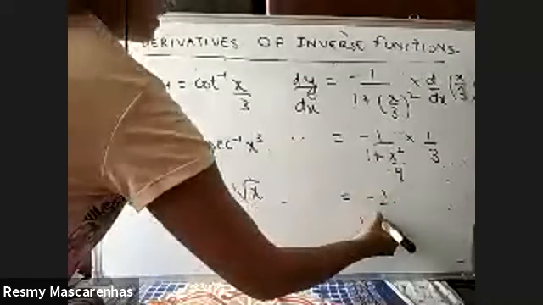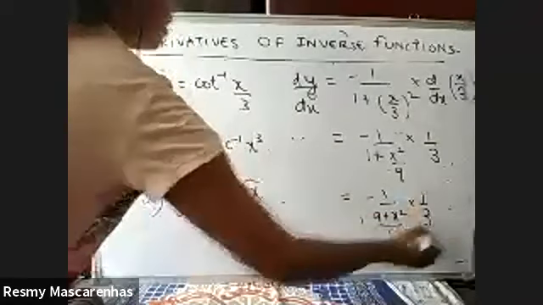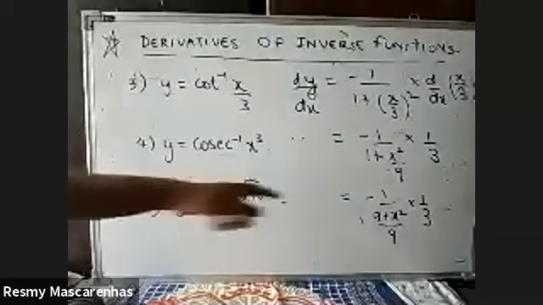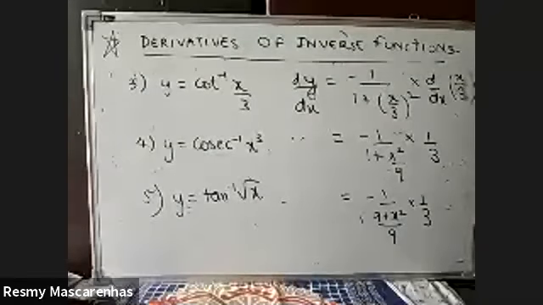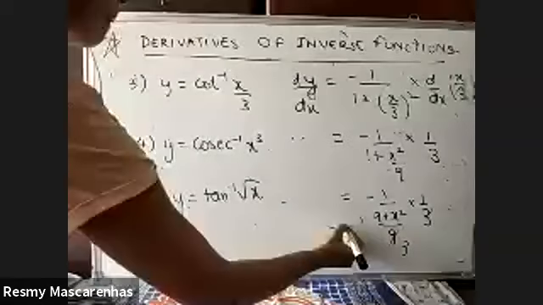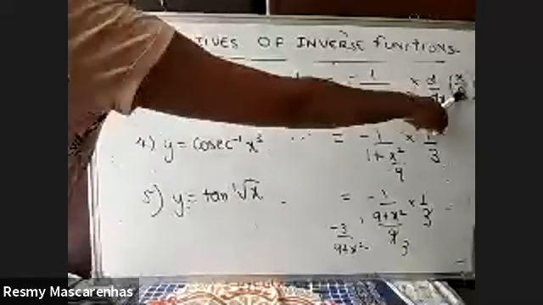So what will it become? 9 will go on top, upside down, and then cancel with 3. Or like this, side by side you can cancel 3 and then write 3 up. So the answer will be minus 3 upon 9 plus x square. Okay, so don't forget to take the extra derivative.